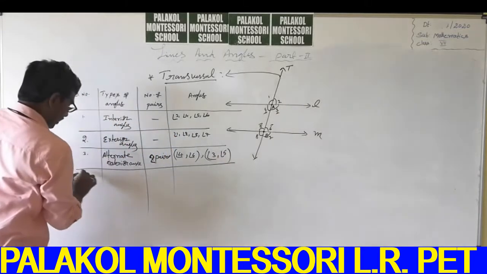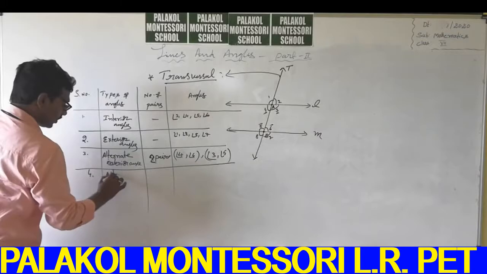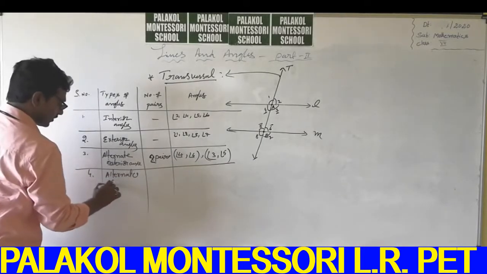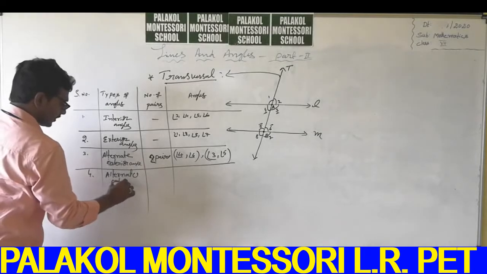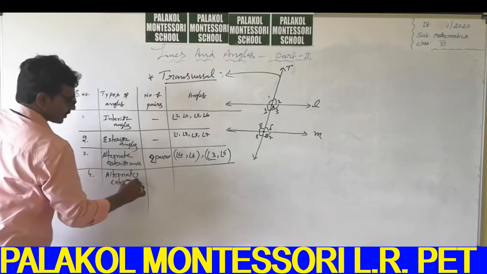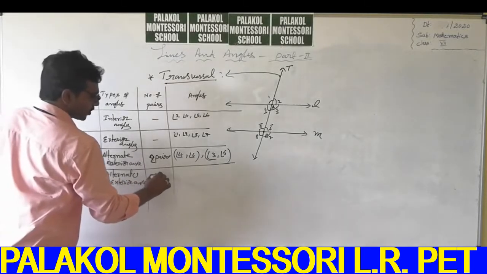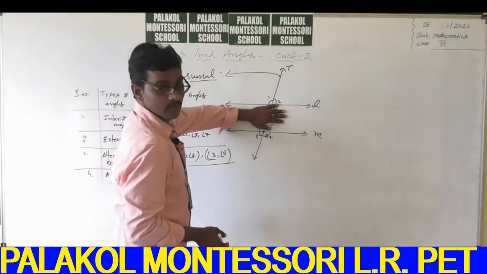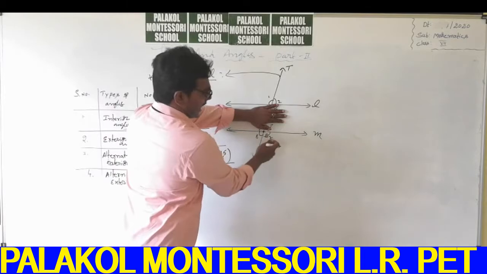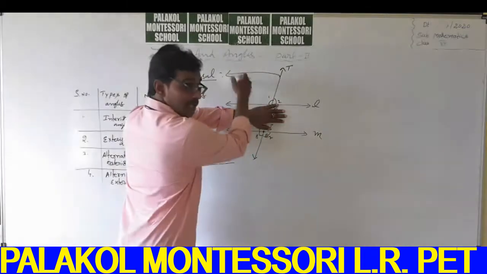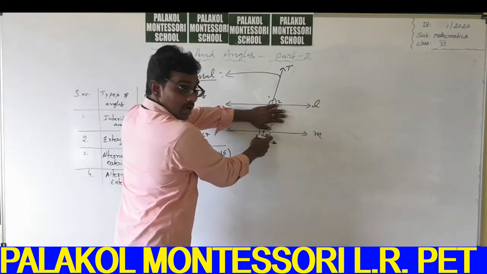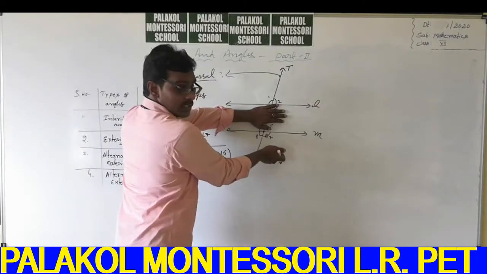Next one, fourth one, alternate exterior angles. This one is also two pairs. Angle 1, angle 7: on the opposite sides of the transversal, outside.